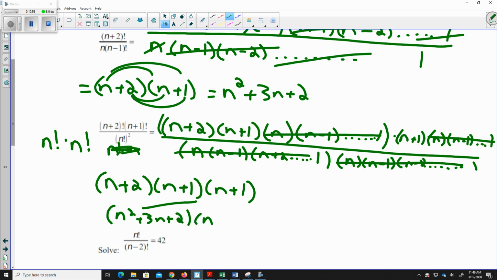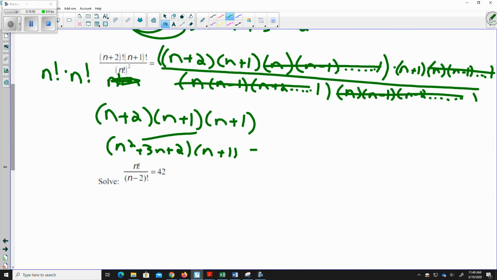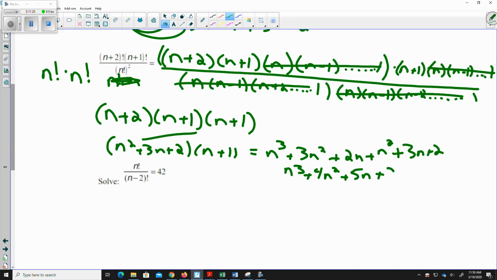And I'll multiply that by n plus 1. So it's going to work out to be n cubed plus 3n squared plus n squared plus 2. Then you could just combine your terms. Plus 5n plus 2. All right, so there's that one.